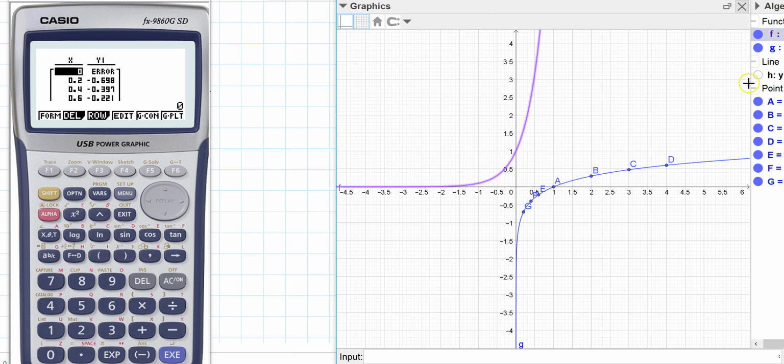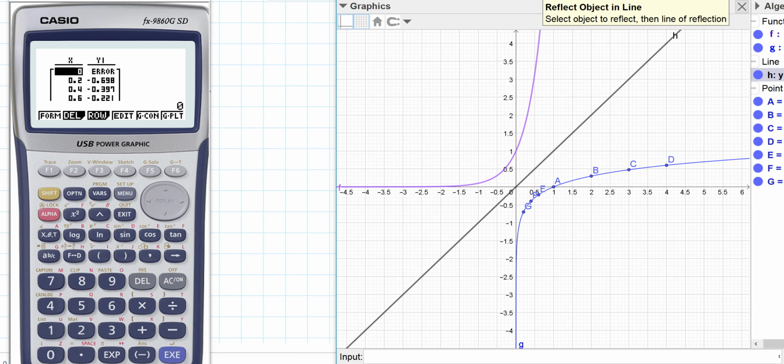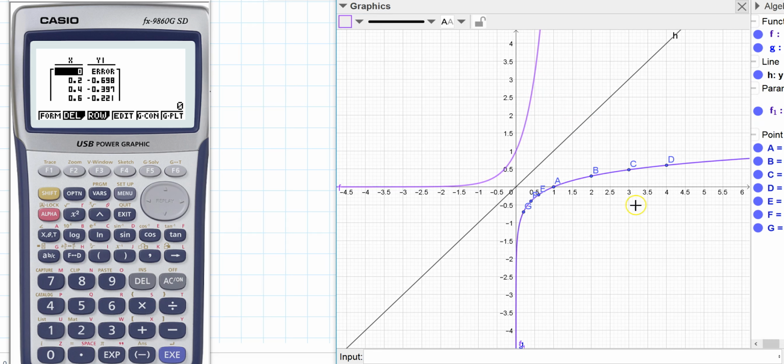In fact, if I put in the line y is equal to x running down there, and I reflect this line in this axis, you'll see that it lies directly on top of the log graph. So the log graph is the reflection of the exponential graph. So these two relate to one another.